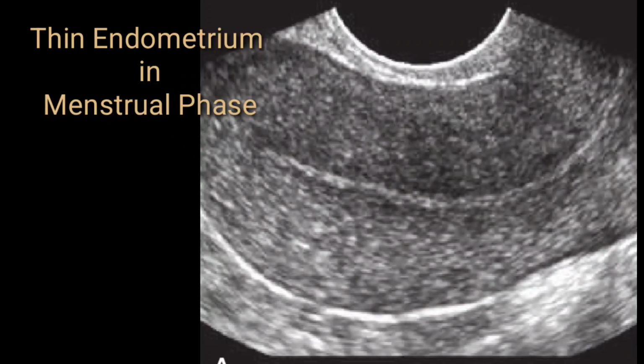On this image you can appreciate that the patient was in the menstrual phase, and the endometrial thickness was nearly 2 to 3 millimeters, basically the basal layer of the endometrium. The myometrial and endometrial interface can easily be seen, so always pay attention to it, especially in the menstrual phase.